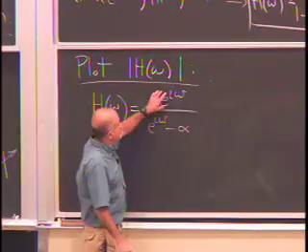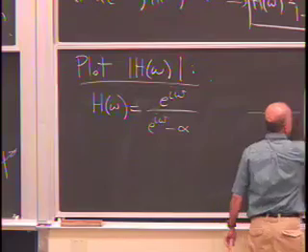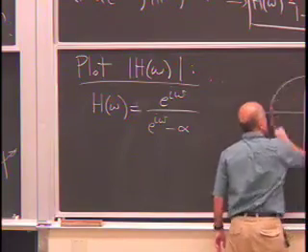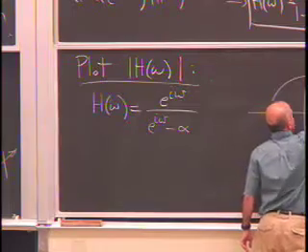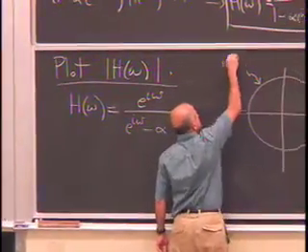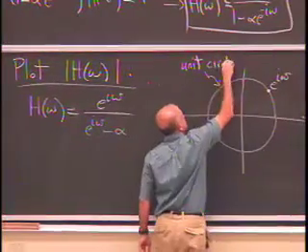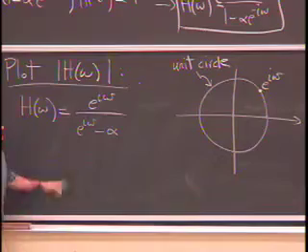The nice thing about this e to the I omega is that you can look at where you are on the unit circle. It's a point on the unit circle, e to the I omega. And this is the unit circle. Okay?